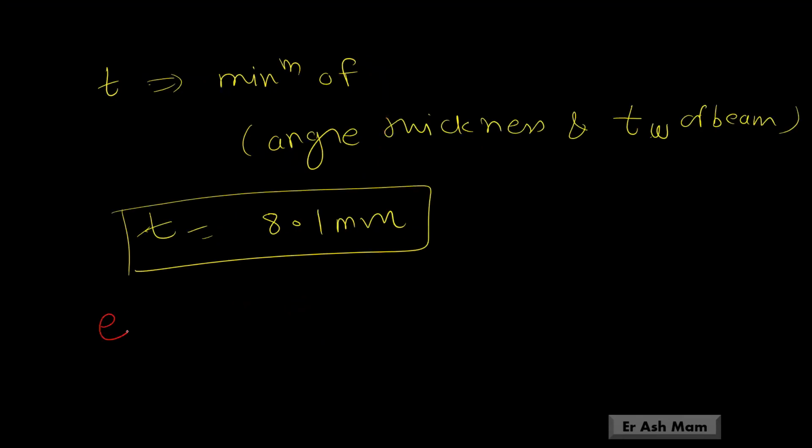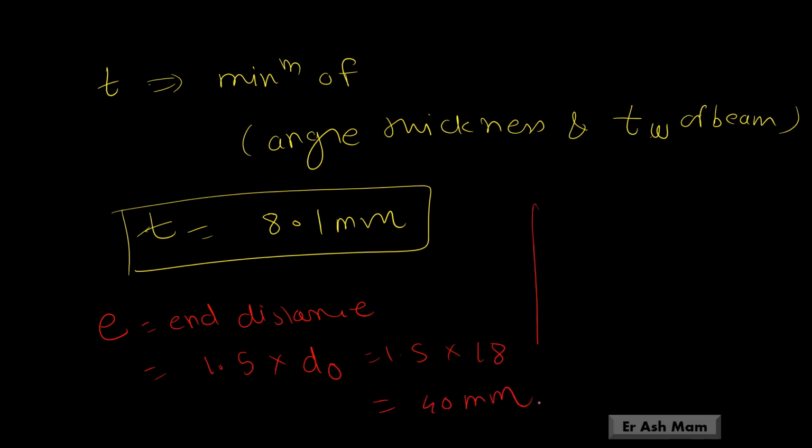You can calculate e. e is the edge distance or end distance, which is equal to 1.5 times diameter of hole. 1.5 times diameter of hole is 18, so we can round it up as 40 mm on higher side. You can take any value greater than 1.5 into 18. And next is pitch p.